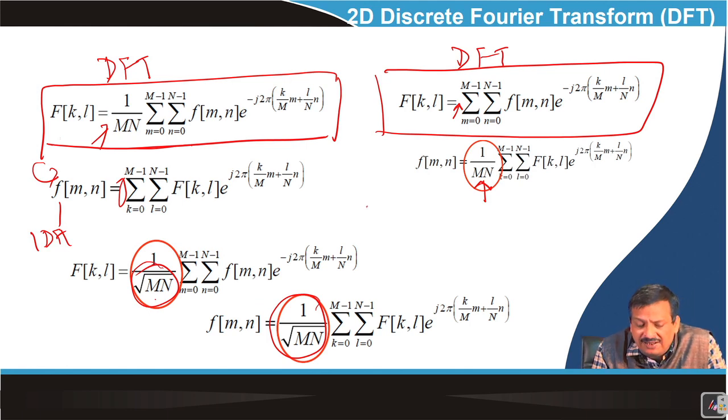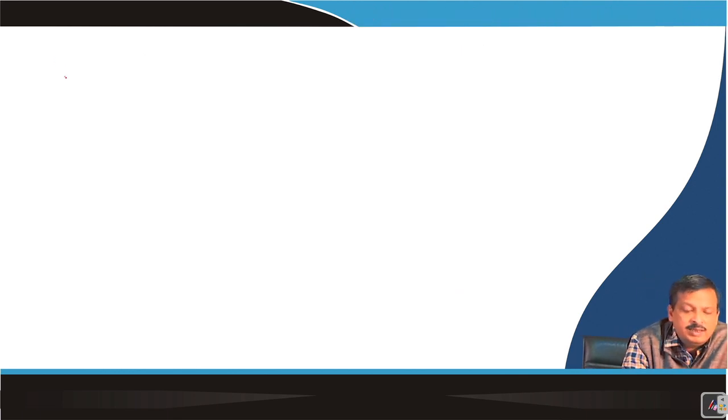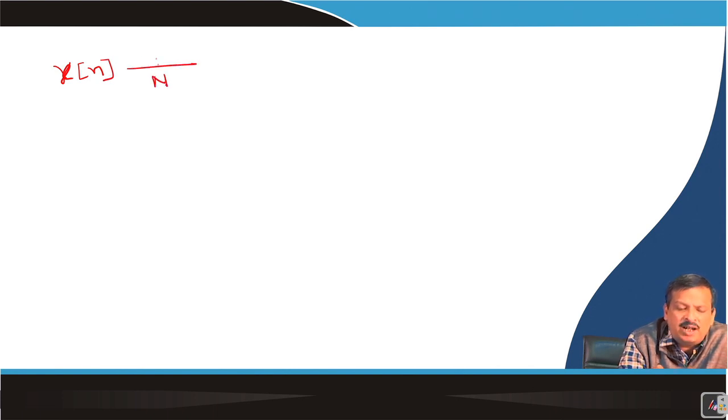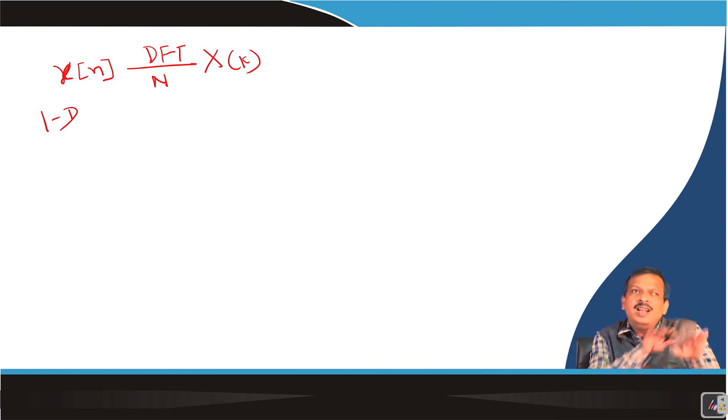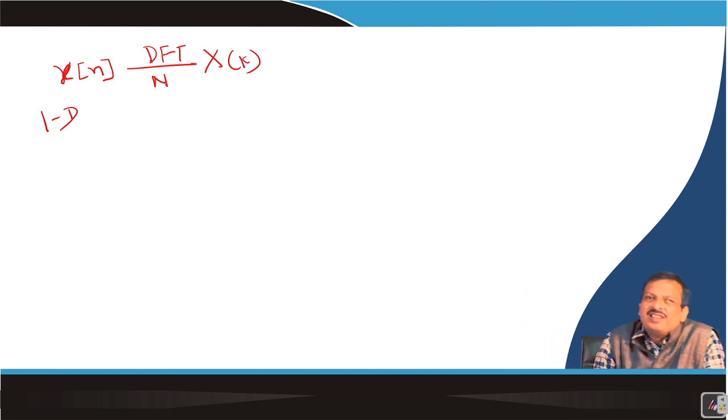Then what is happening? If I have a signal x of n, and I take the n point DFT, a single dimensional signal, I get x of k, which is called 1D. Only one dimension of the signal is changing.